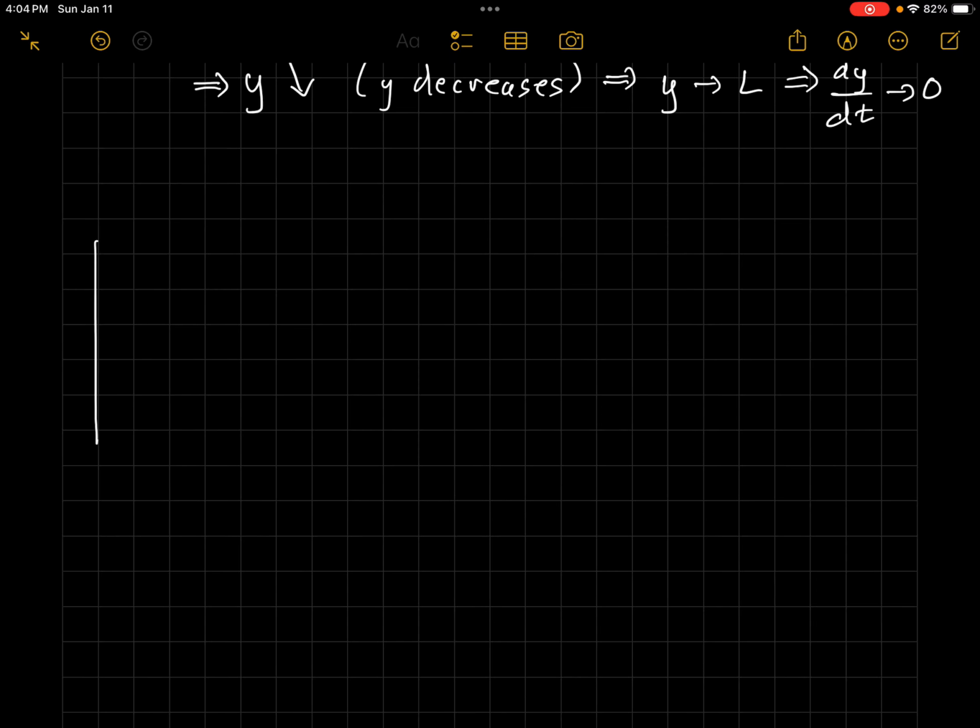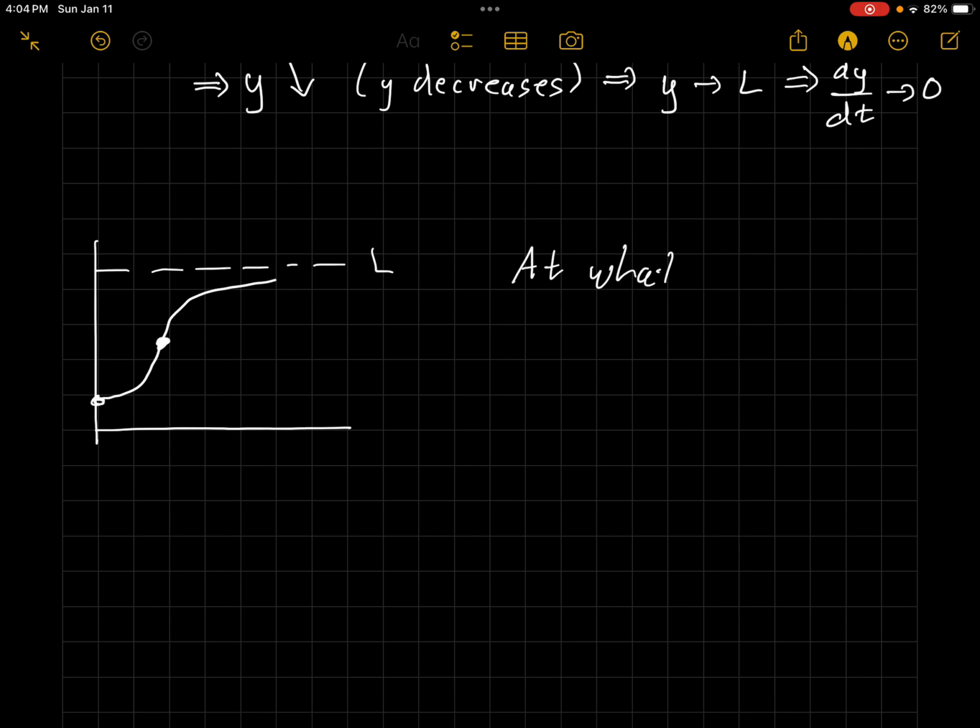What if we have the graph like this, and let's just assume that our initial population is less than our limiting factor. And we get this here. Here's our population graph. And the question is asked this way.